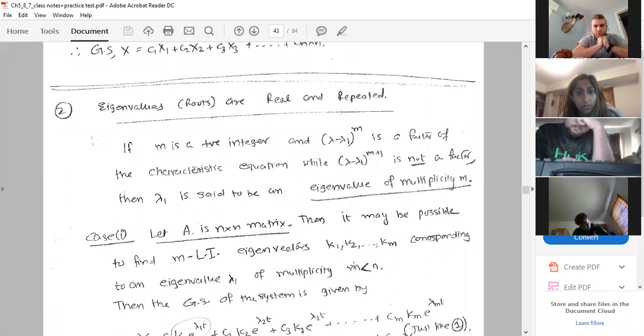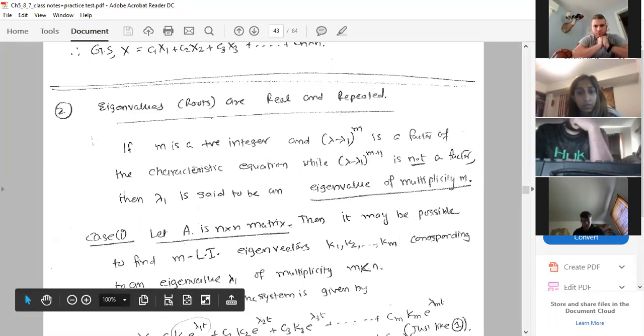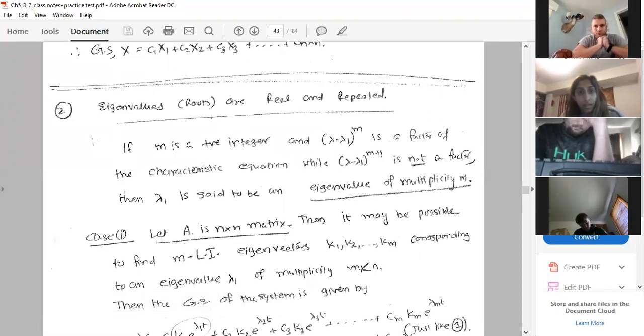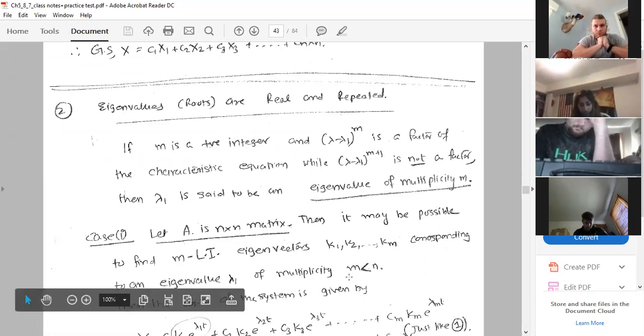I have just -1 one time and 4 one time. Both the numbers are different and I'm getting each just one time. So my multiplicity m is just 1. Suppose you are working with a 3 by 3 matrix, and you are getting 1, 1 and 4, something like that. In that case your multiplicity of 1 is 2 because it is repeated twice. In my case, my multiplicity is just 1.